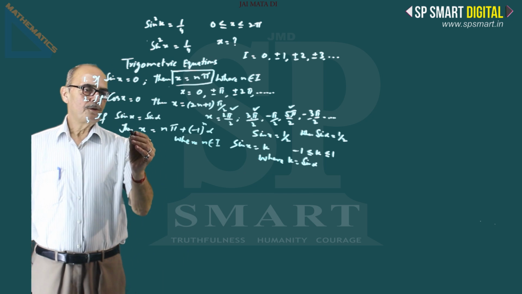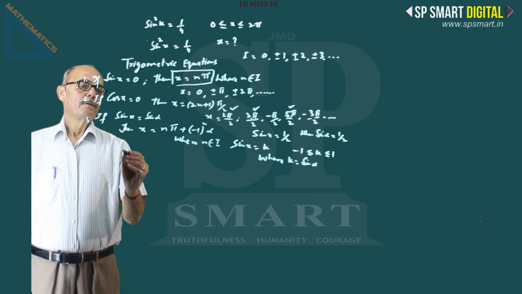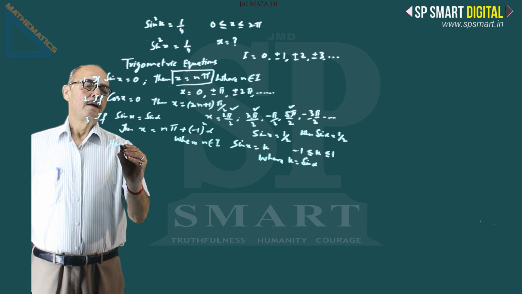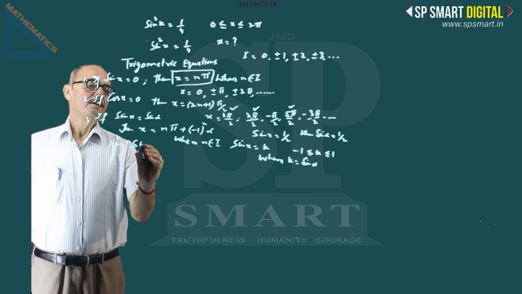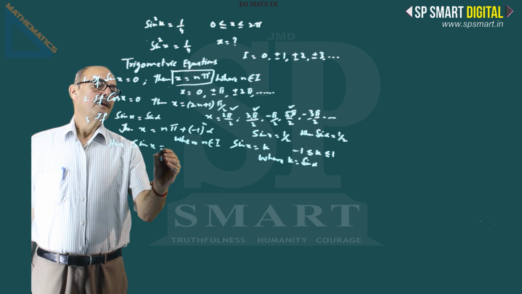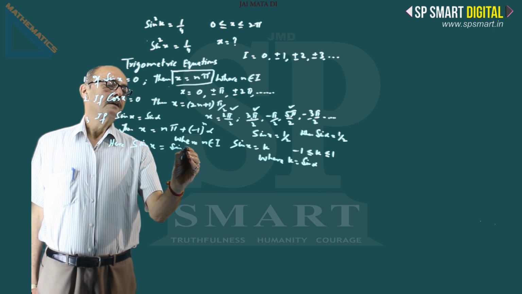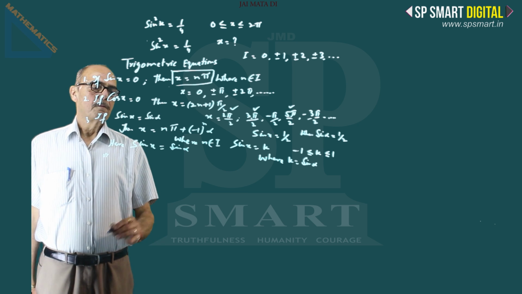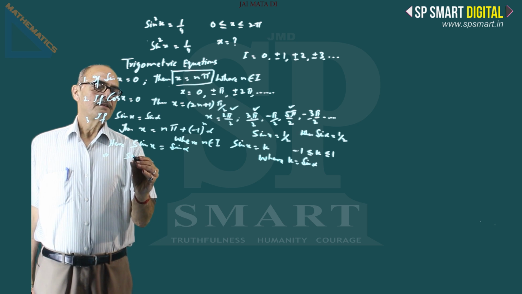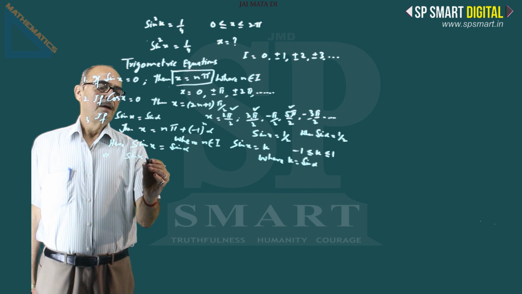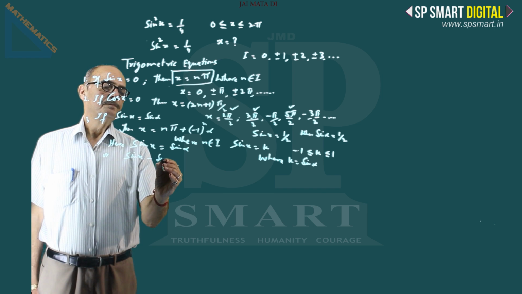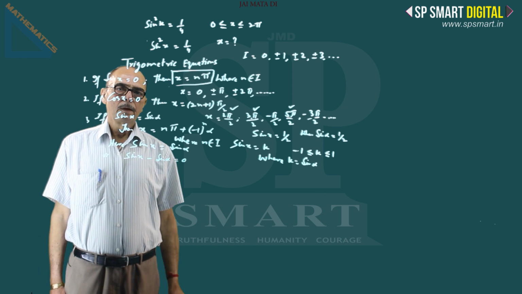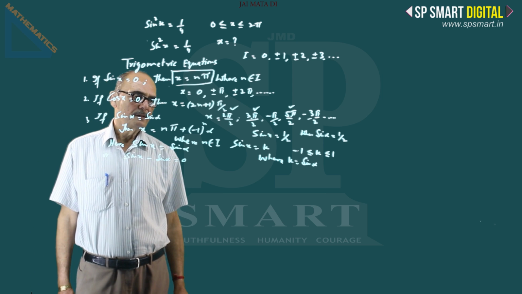Now, to develop this formula, we start with this. Here sin of x equals sin of alpha, or by transposition we bring sin alpha to the left hand side. So, there is a difference of two sines.